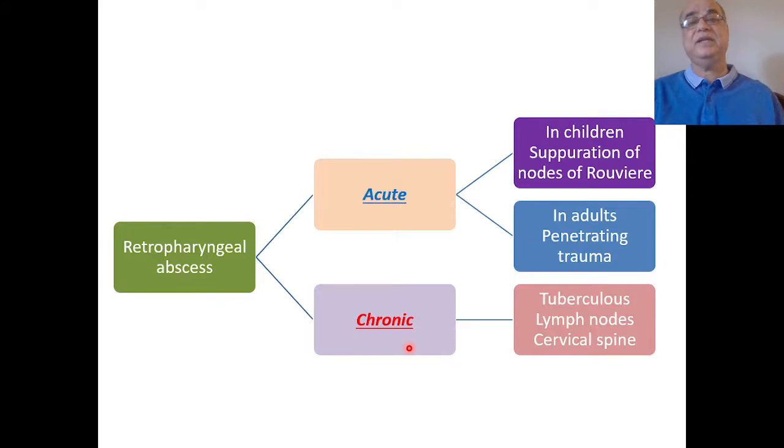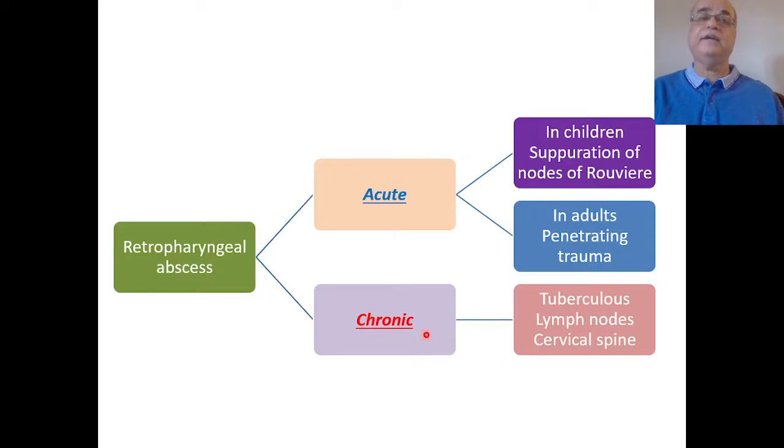While the chronic one is tuberculous in origin, and this is usually in the prevertebral space. Now prevertebral space is different from retropharyngeal space, and this is usually in adults, secondary to caries of the cervical spine or tuberculosis of the cervical spine. But if it occurs in the retropharyngeal space, then it will be tuberculous infection of the lymph nodes there.